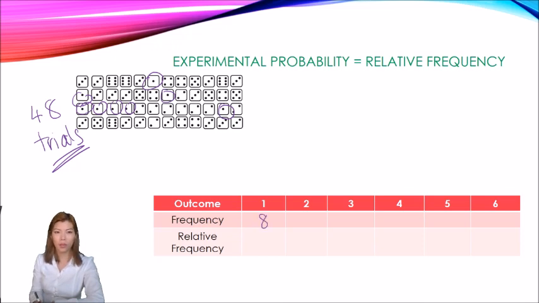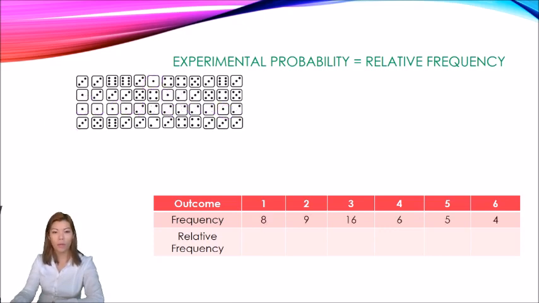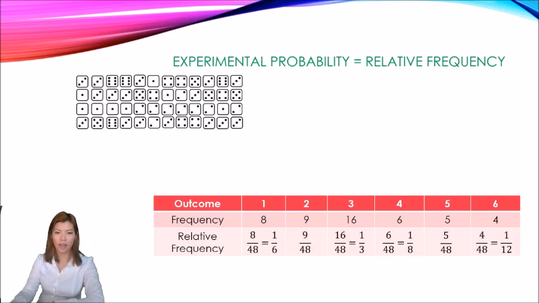We can count number 2. Where's number 2? 1, 2, 3, 4, 5, 6, 7, 8. There's a lot. And we can count how many times each of the numbers occur and write down the frequency. After that, we can put that over the total number of trials, which was 48, and simplify to get the relative frequency. So that is how often the chances of 1 coming out compared to everything else.